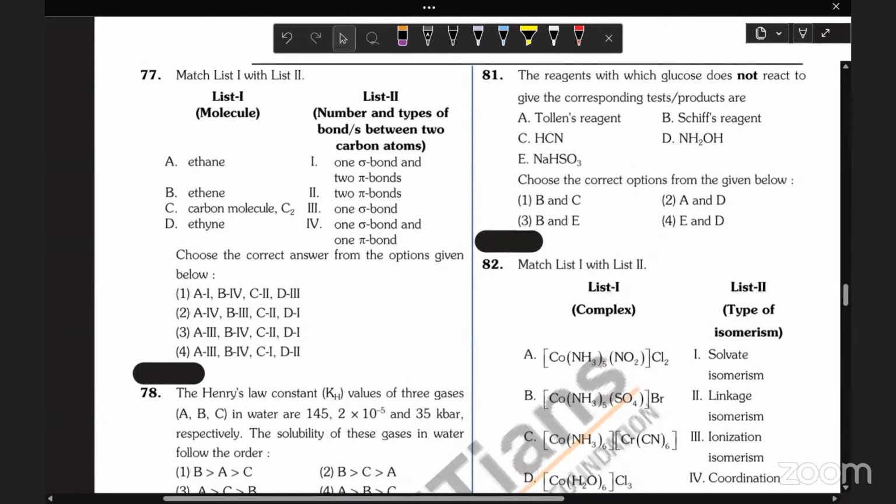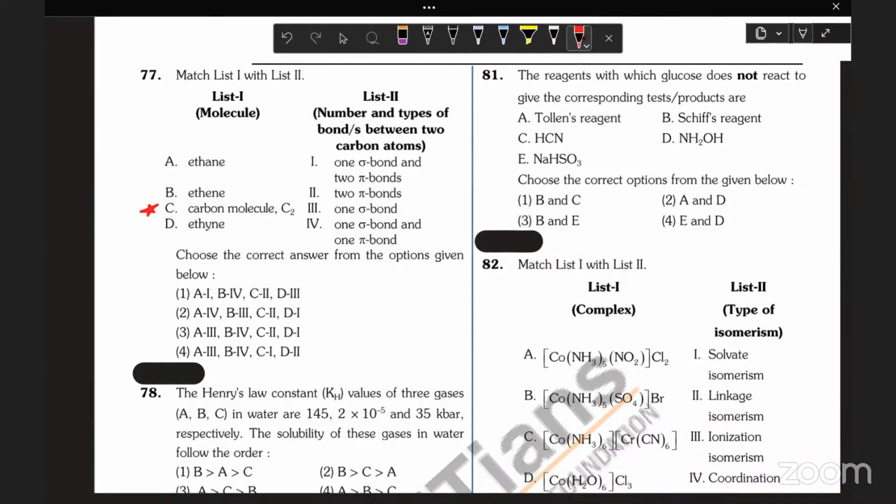This question is a mix of organic and inorganic. Something from the organic hydrocarbons part and some part from chemical bonding, the number of sigma and pi bonds. The C2 part is a special case that we teach you in molecular orbital theory. C2 is a molecule which has two bonds, and both the bonds are pi bonds.